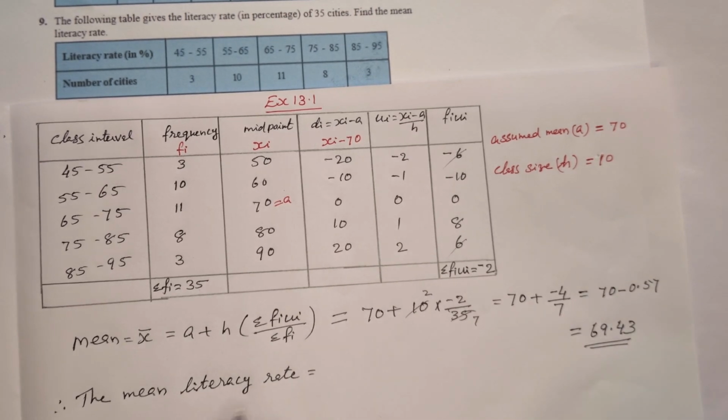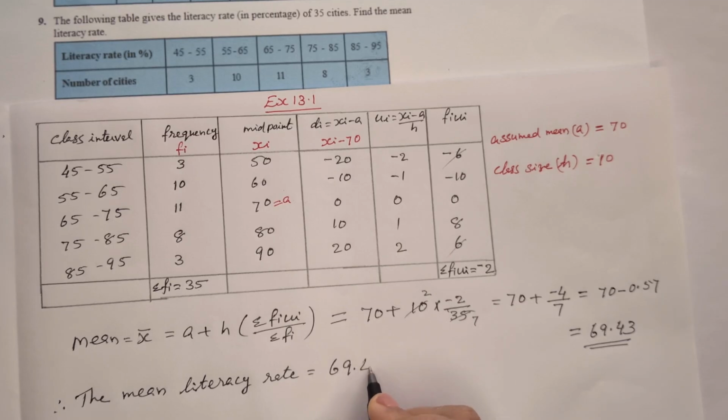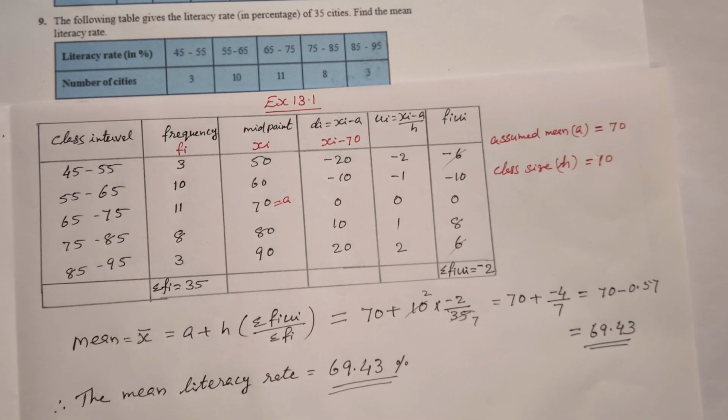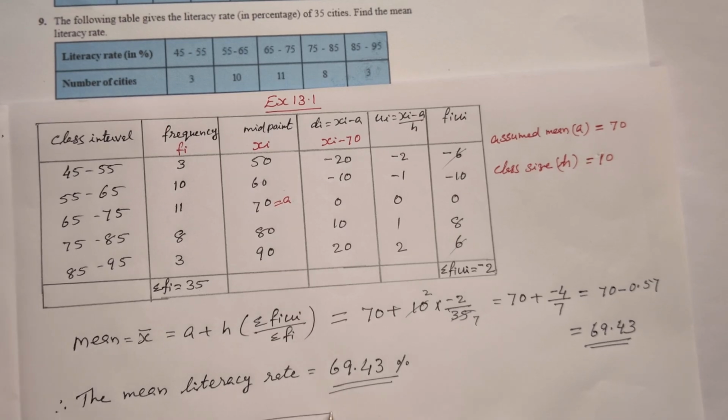So we can write the mean literacy rate is equal to 69.43%. The question was to find the mean literacy rate. It's given in percentage, so 69.43%.